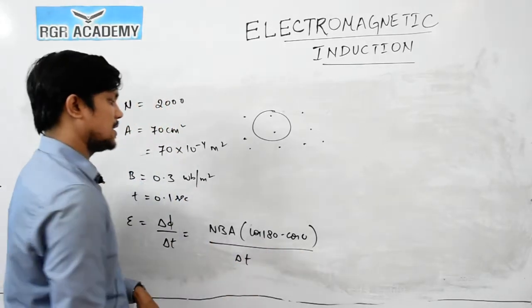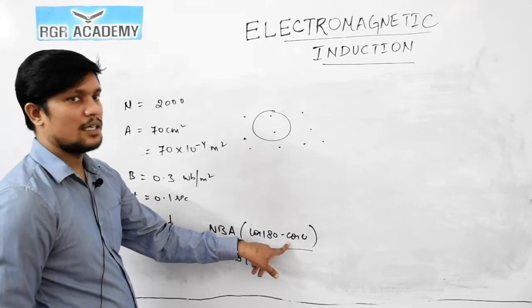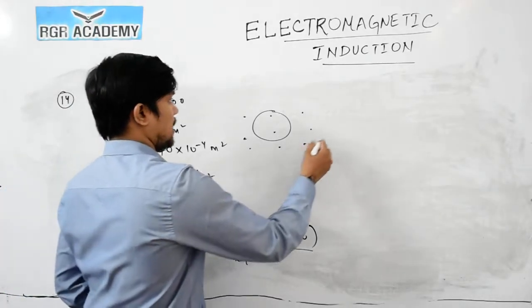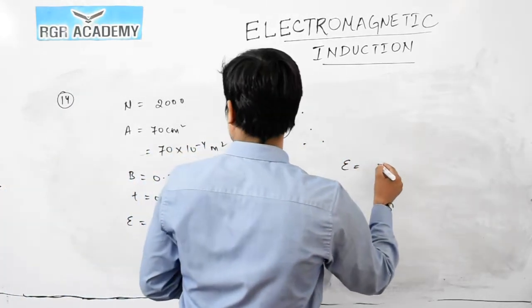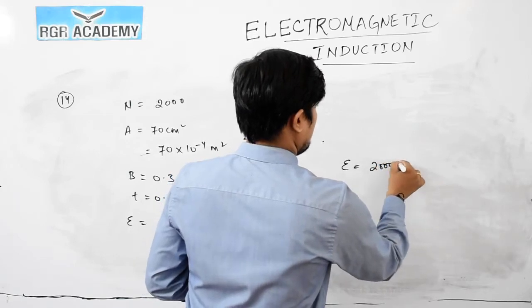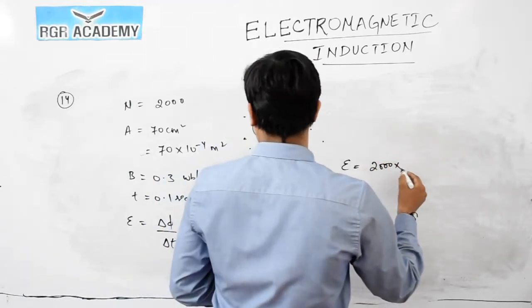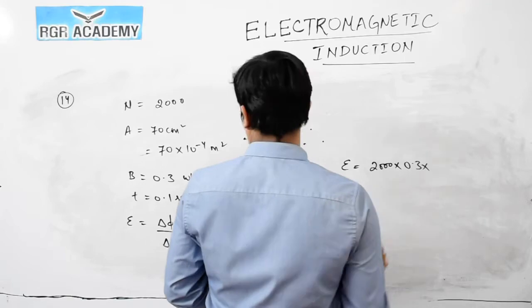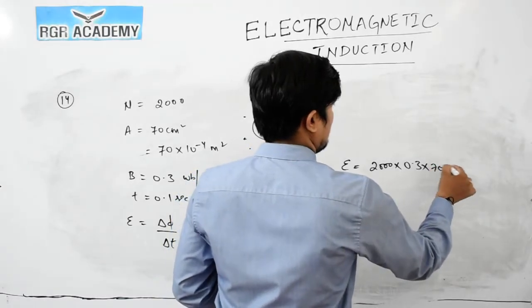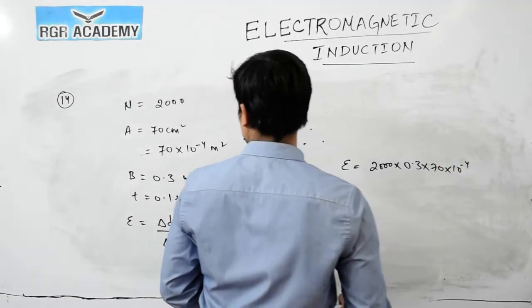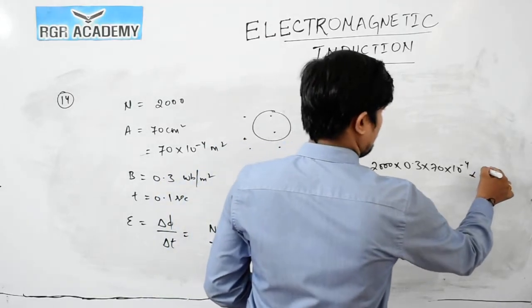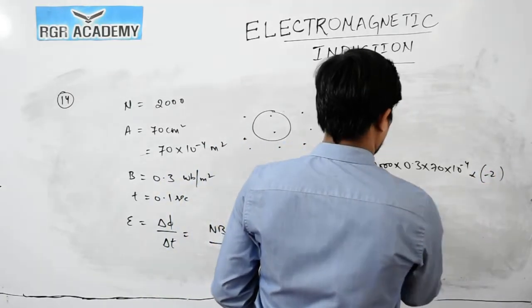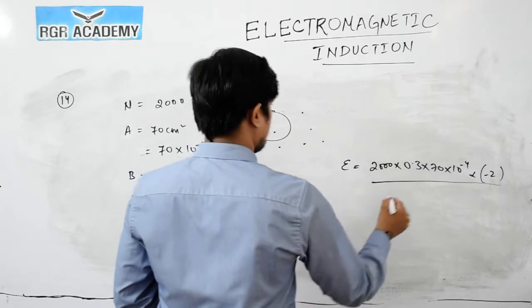Cos 180 is minus 1 and cos 0 is 1. So induced EMF we can write as n, number of turns are 2000, magnetic field is 0.3 into area is 70 into 10 to the power minus 4 into this will become minus 2, divided by time is 0.1 second.